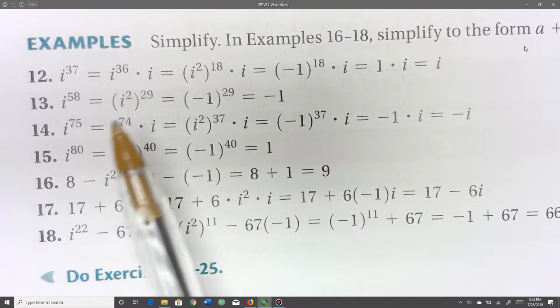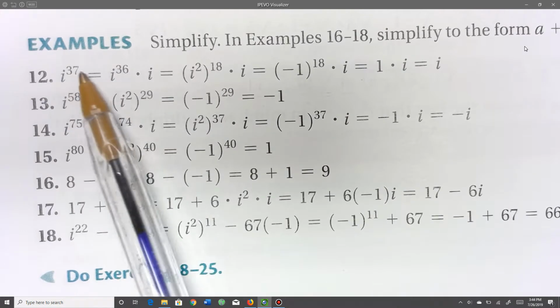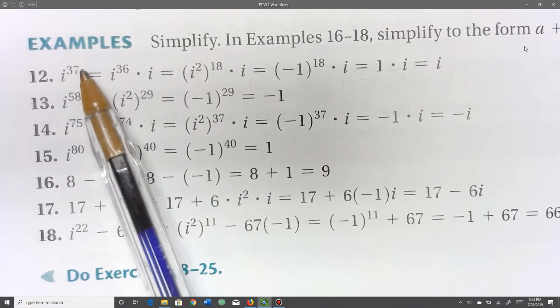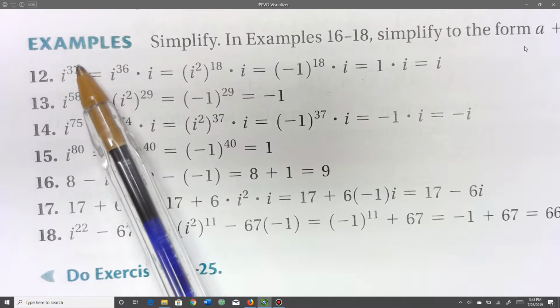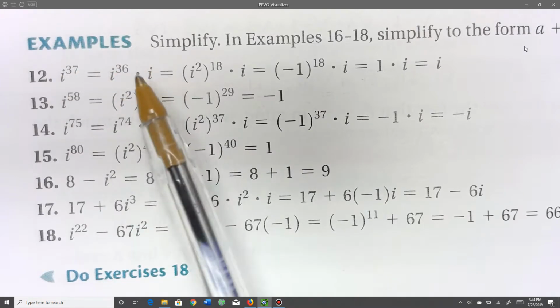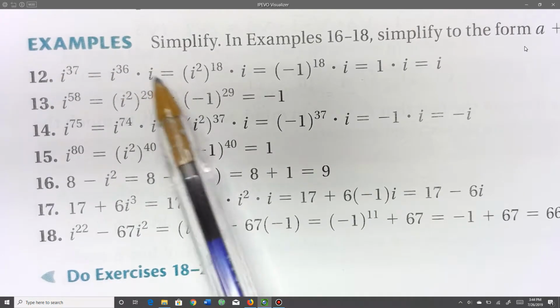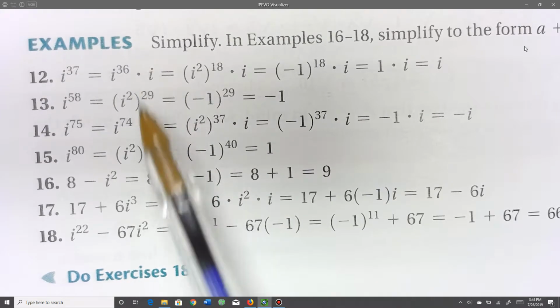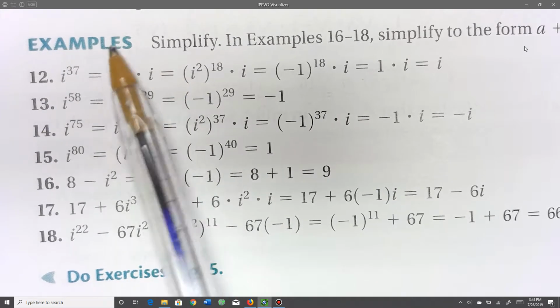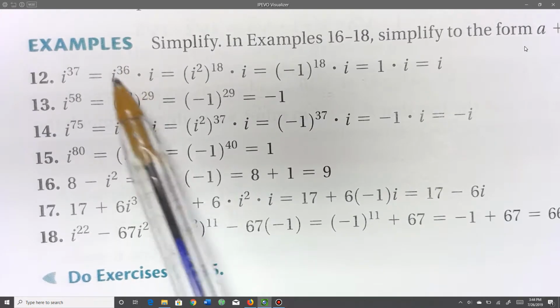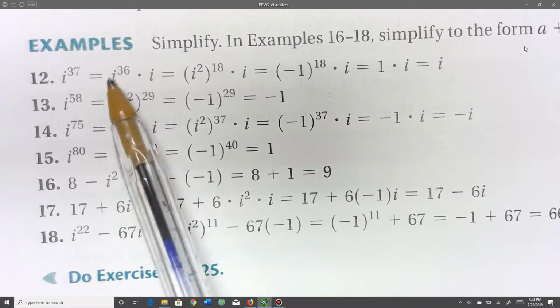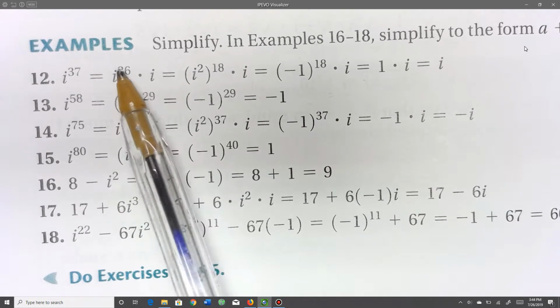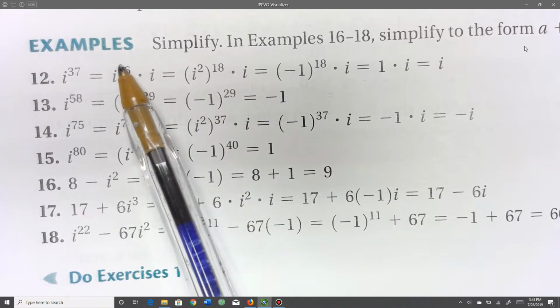But what happens if we have an odd exponent? Again, we said that we are always going to have a residue of i for odd exponents. That turns the i into an even exponent, in this case 36.